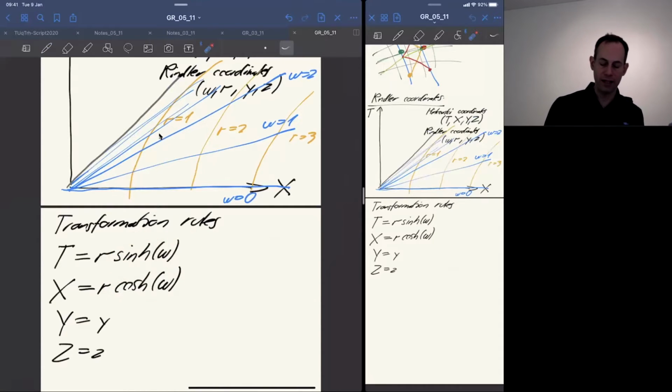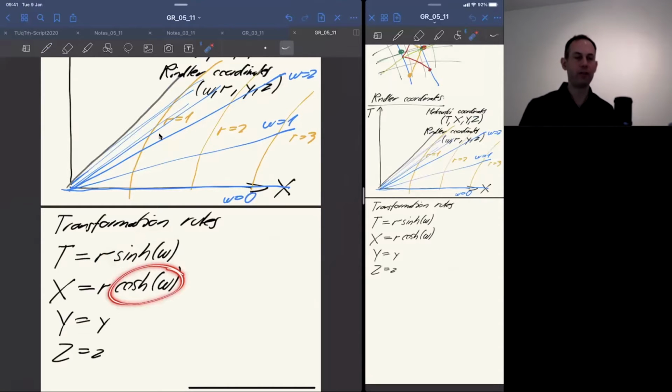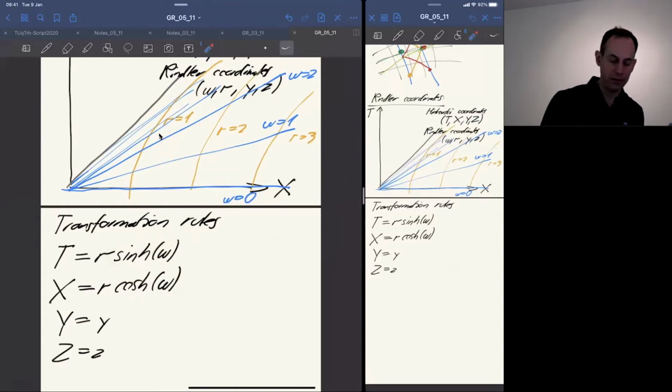It's just sinh over cosh. And so if I vary r, I just move along such a line. And this ratio between sinh and cosh can never be larger than 1. That's just a property of these hyperbolic functions. And therefore, we cannot have here a line with a slope larger than 45 degrees.